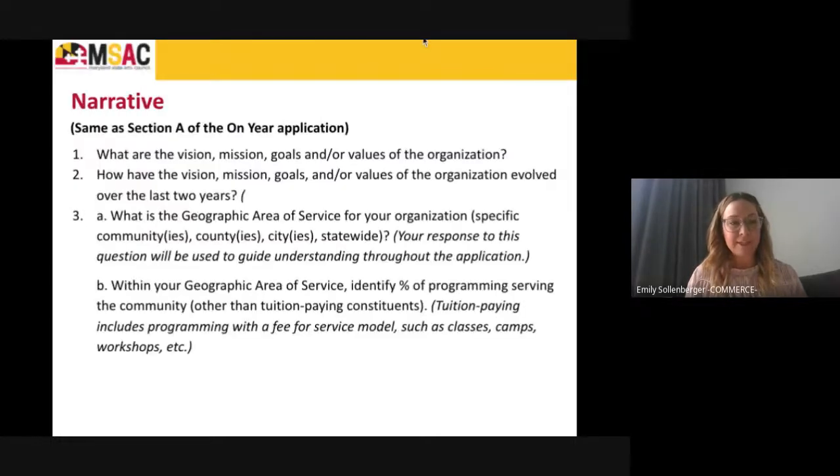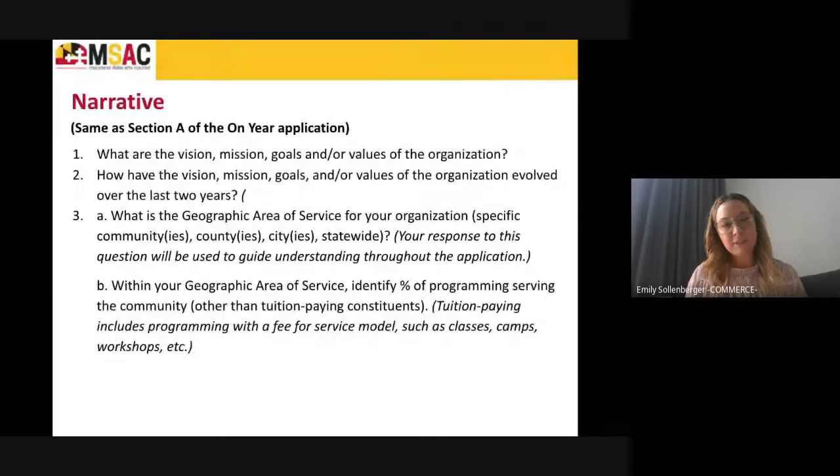So moving forward into the narrative section, this is really section A of the on-year application. The on-year full application has 4 different narrative sections, A through D. For the off year, it's the same, but you're only completing section A. So these are the questions that you'll be completing.